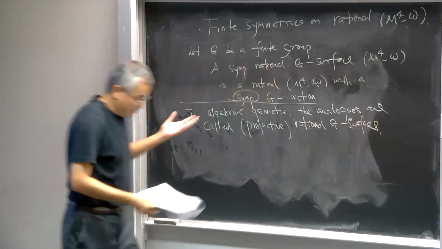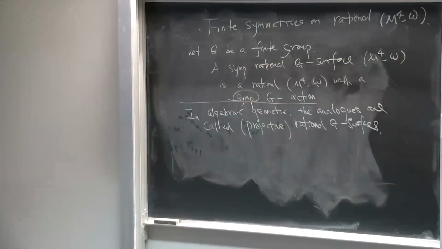Well, obviously this is an interesting concept, but I think probably the real motivation for algebraic geometers to study such G-surfaces was to try to understand finite subgroups of the plane Cremona group.